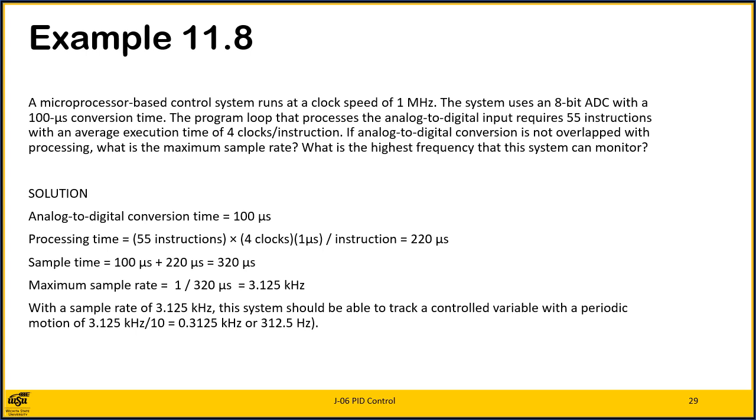The maximum sample rate is 1 over 320 microseconds, or 3.125 kilohertz. With a sample rate of 3.125 kilohertz, the system should be able to track a control variable with a periodic motion of that divided by 10, or 312 hertz.